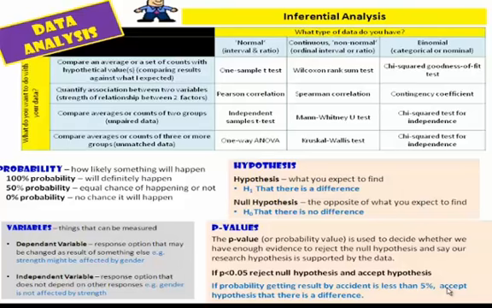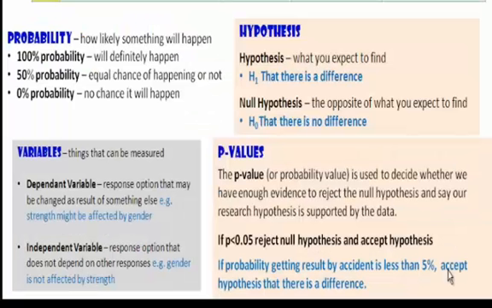And in order to make this decision whether I can or cannot reject the null hypothesis, I need to compare the p-value against a standard figure. Now, there is debate among statisticians as to what that figure should be, but the most commonly accepted value for social sciences is if the probability value is smaller than 0.05, we can reject the null hypothesis, which means that we can accept the hypothesis.